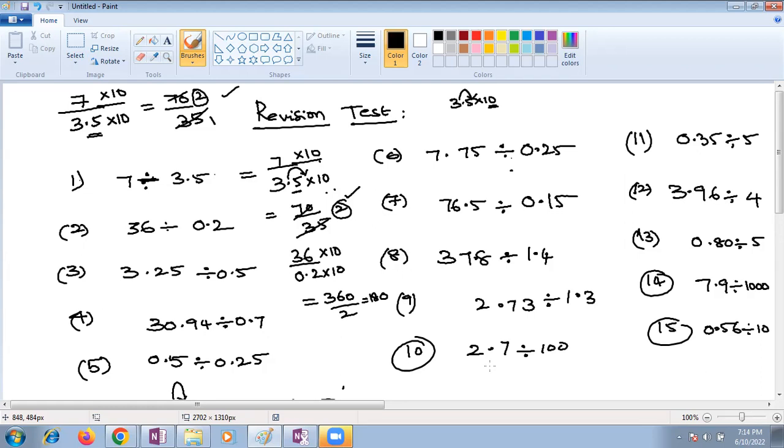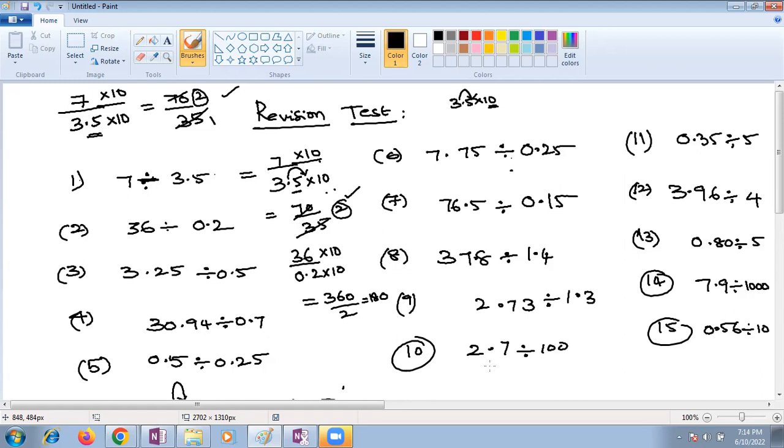Ma'am, you said 32.5 by 5, right? Which would be the numerator, which would be the dividend, and which would be the divisor? Which bit are you asking about? The third one. Third one is 3.25 divided with 0.5. Denominator is 0.5.